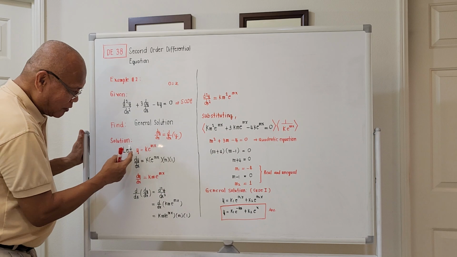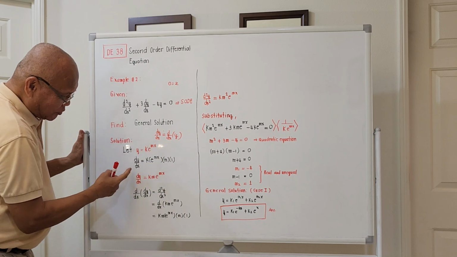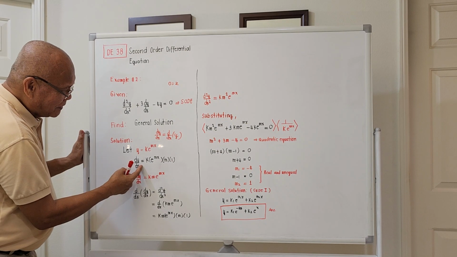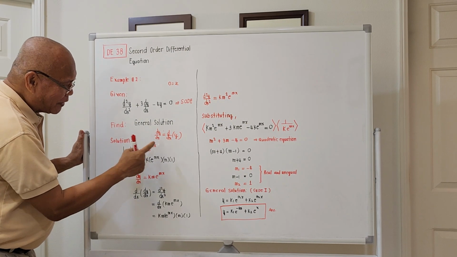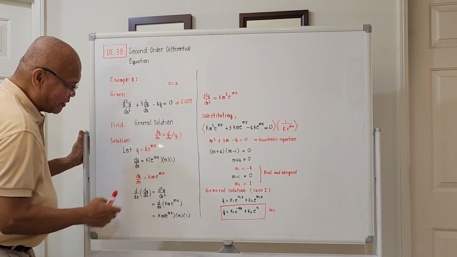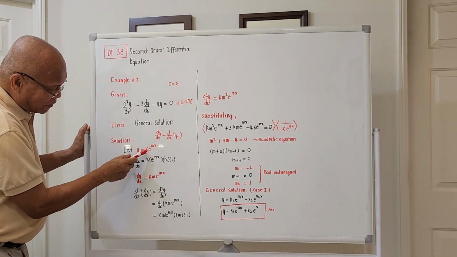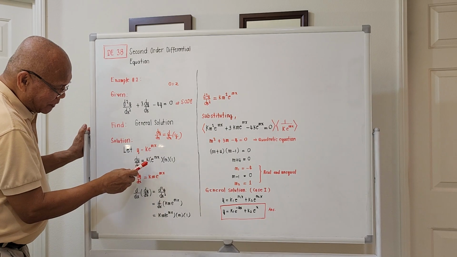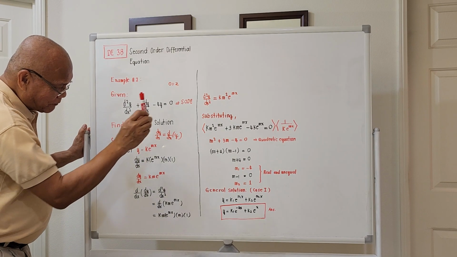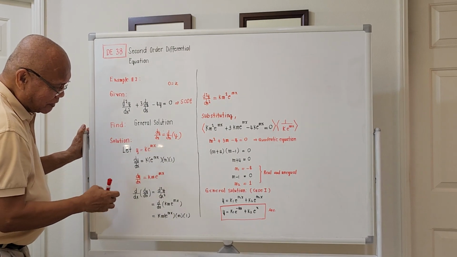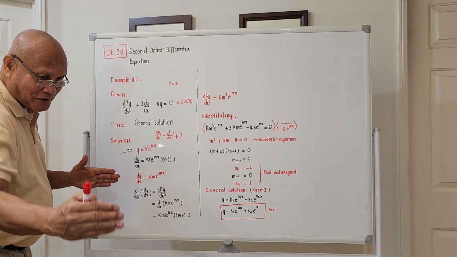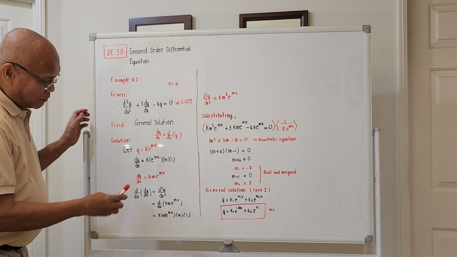But what is y? Y is this one. So I place it here, dy dx equal to the derivative with respect to x of k e to the mx. This is a constant times an exponential function, so it will be that constant times the differential of that exponential function. Constant times a function. It's the basic differentiation, right?